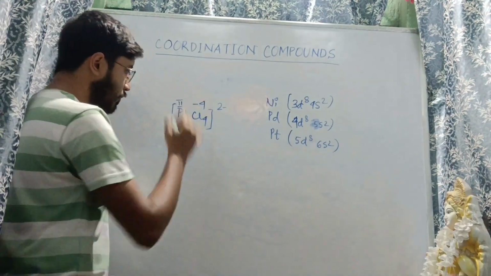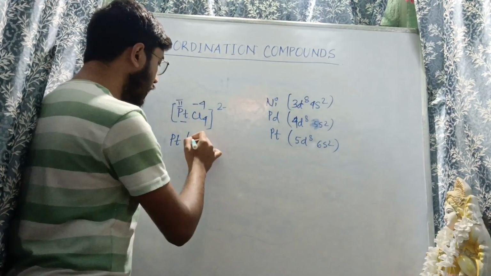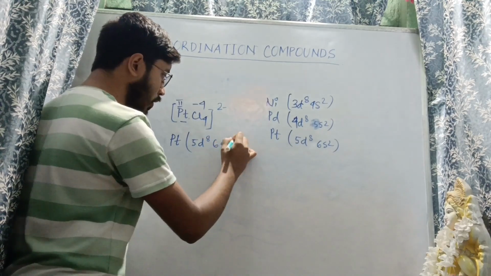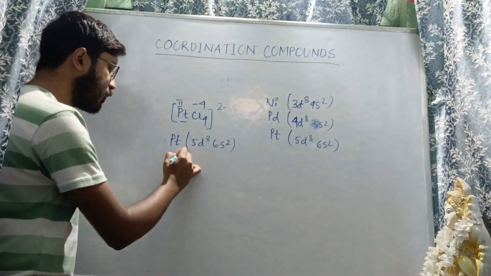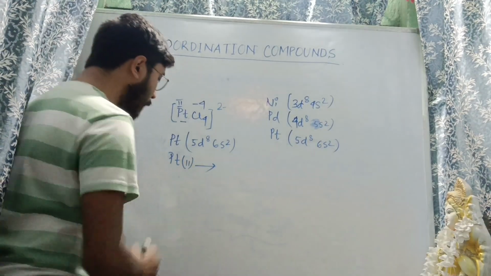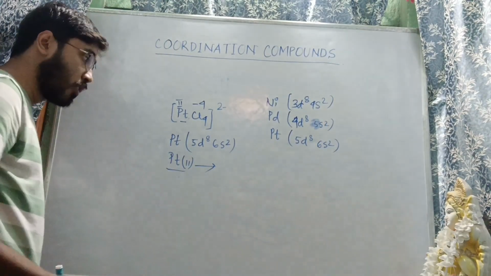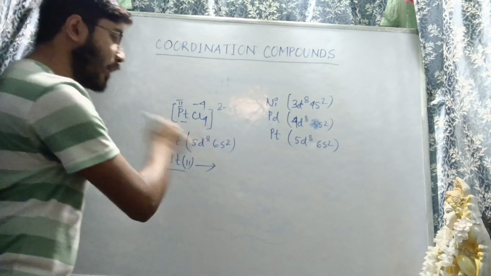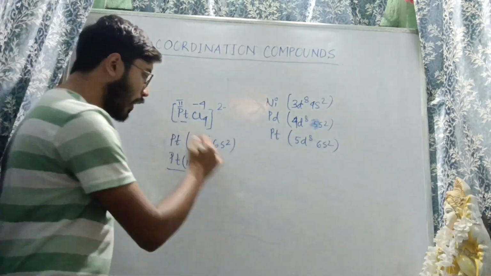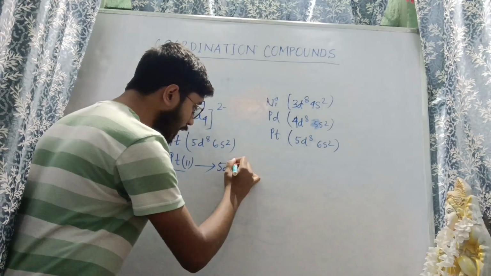So platinum's electronic configuration is 5d8 6s2. So what is the electronic configuration of platinum 2 plus? When platinum 2 plus is formed, 2 electrons are removed from the outermost orbital of the platinum atom and it forms 5d8.